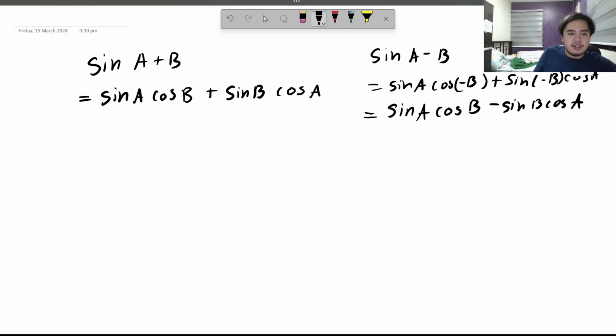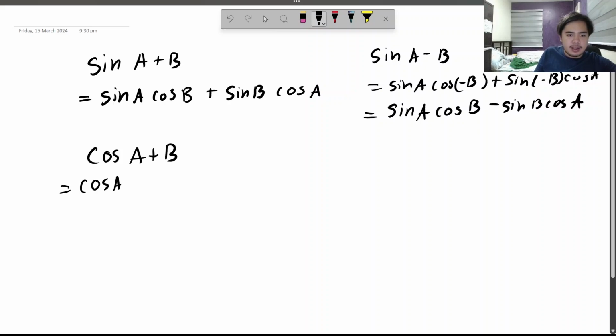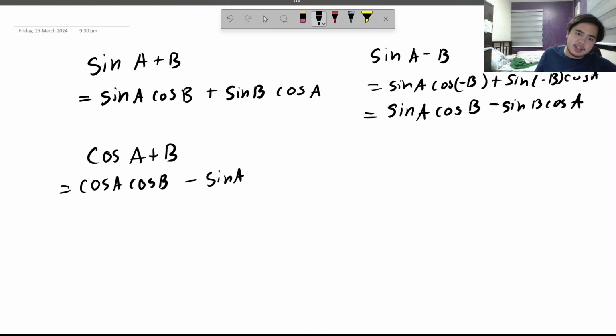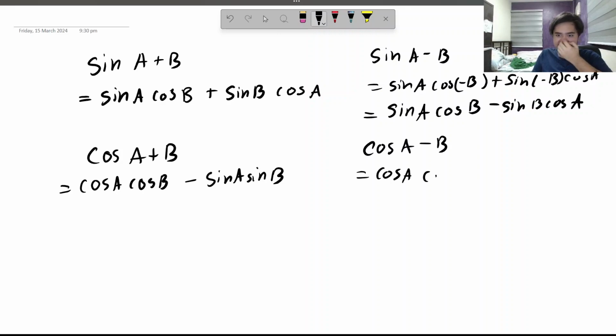We need another one, cosine a plus b. We know this is cosine a cosine b minus sine a sine b. And for the cosine a minus b version, this is cosine a cosine negative b minus sine a sine negative b.